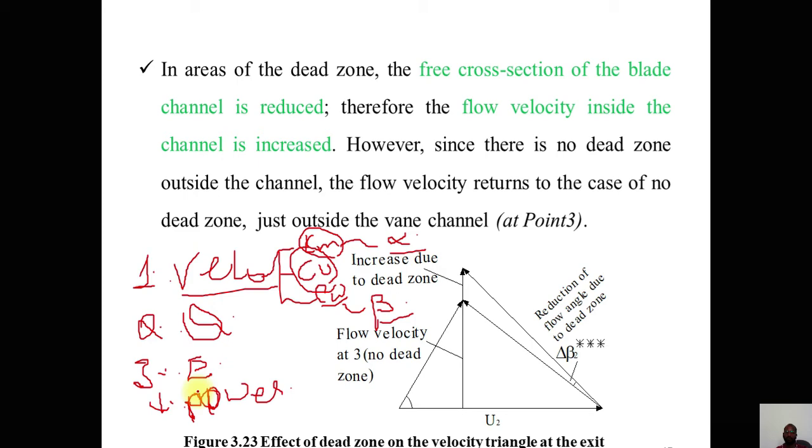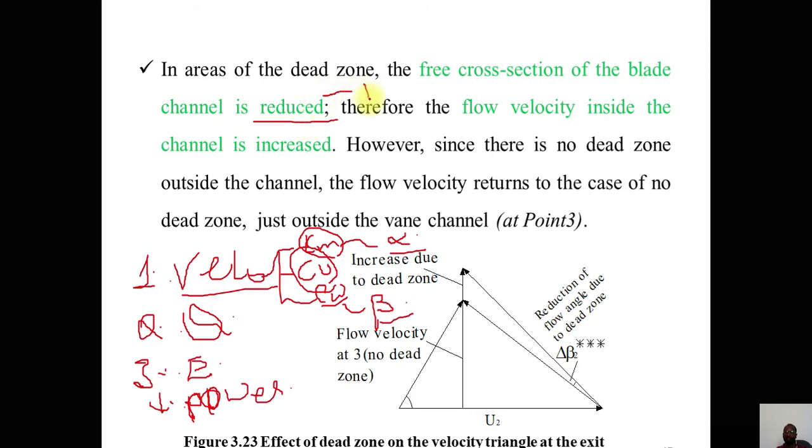Therefore, what is the influence of dead zone on the parameters? With an increase of dead zone, the free cross section of the blade channel is reduced. Where is the free cross section of the blade channel reduced?